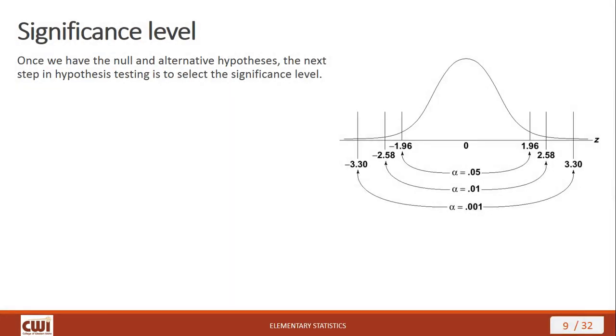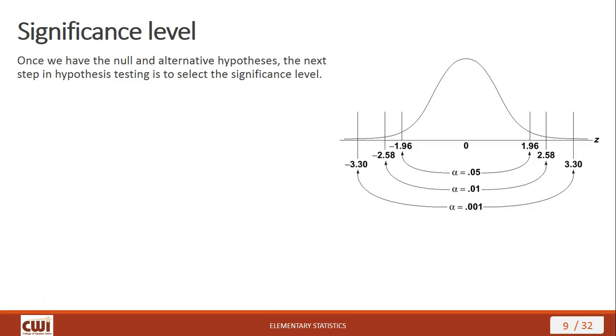Let's talk for a moment about significance levels. So once we have the null and alternative hypotheses, the next step in our hypothesis test is to select a significance level. Typically for the problems that you work, you're going to have a significance level given to you.